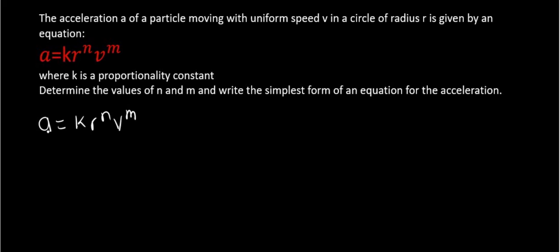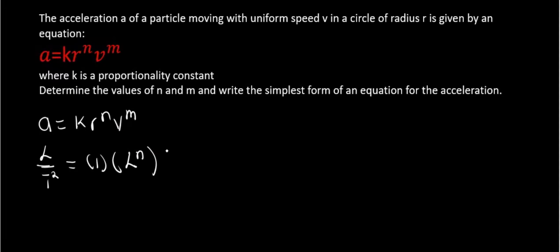What is your a? Your a in this situation is the acceleration. Since it's an acceleration, it is L over t squared, equal to k, the constant. For now we just put k as 1. Then this is r, the radius, so it's meters, meaning the length to the power n.